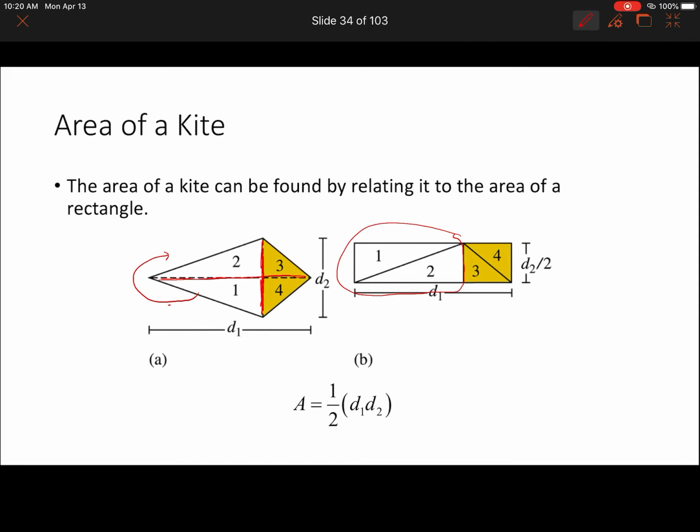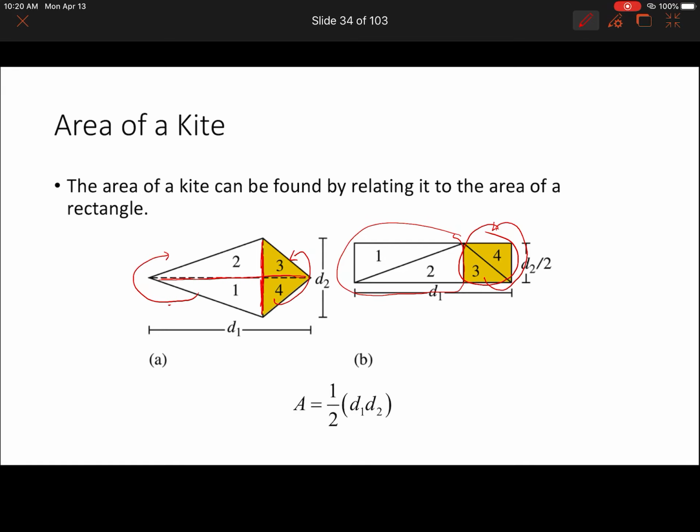So if you take this one and rotate it up, then you would have this rectangle. And if you take section 3 and rotate it up here, then you would have this figure, this rectangle. And so what you see then is that we're really finding the area of triangles.